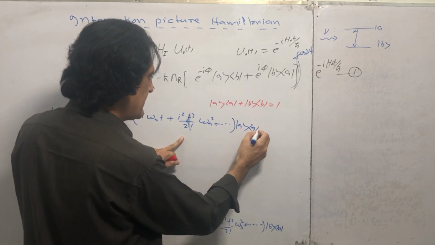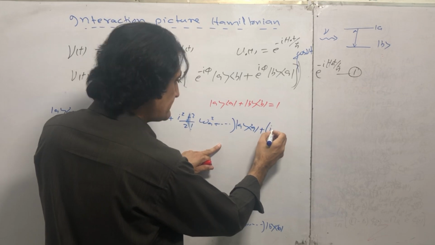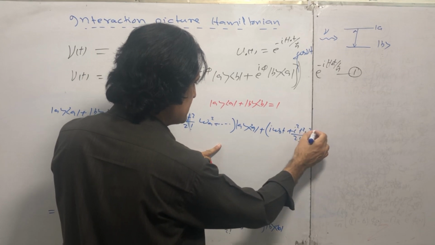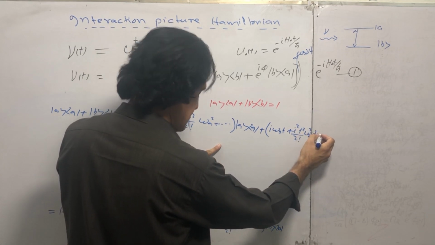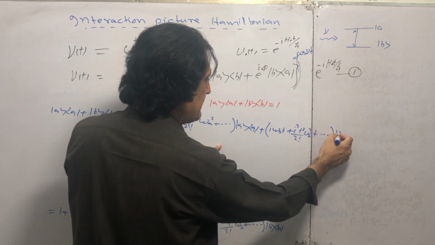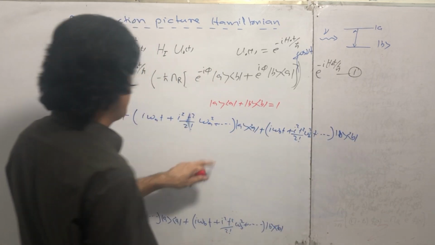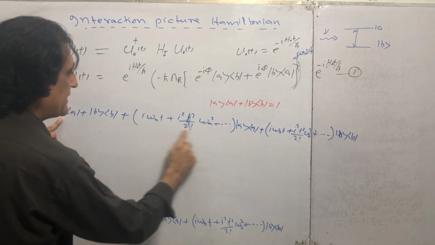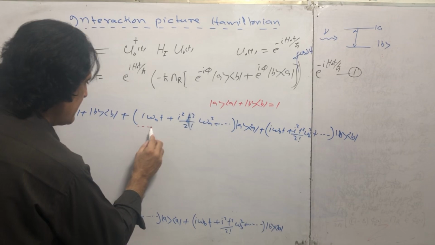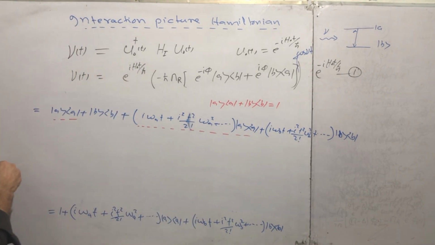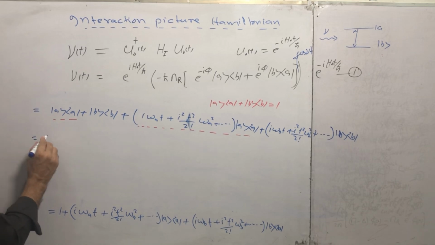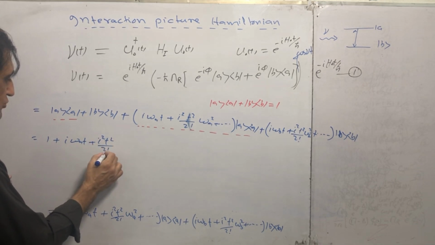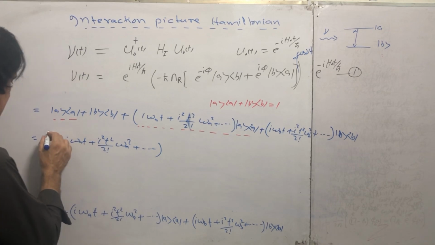A A plus iota omega b t plus iota square t square divided by 2 factorial omega b square plus B B. Now one thing is clear, we can take common from this A A, then we have 1 plus iota omega a t plus iota square t square omega a square divided by 2 factorial and A A common.